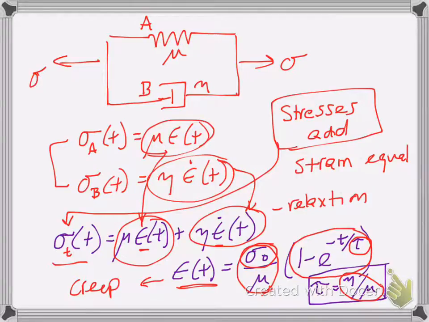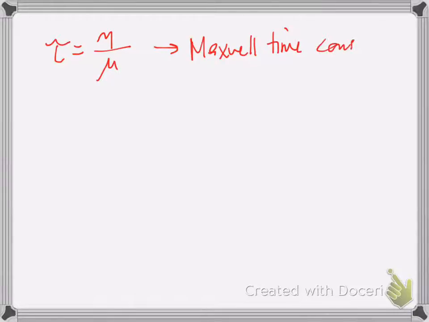This tau, which has to do with the viscosity divided by the elasticity, so the ratio of those, tau is the viscosity over the elasticity. This is what we call the Maxwell time constant.